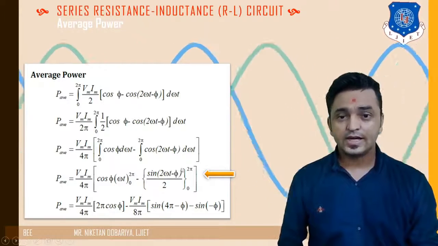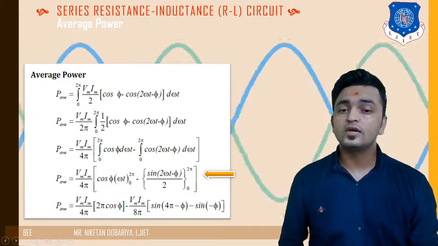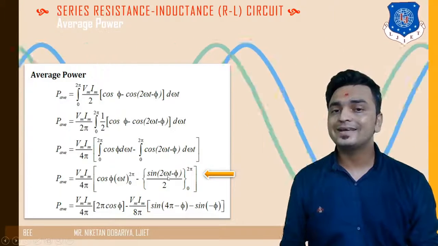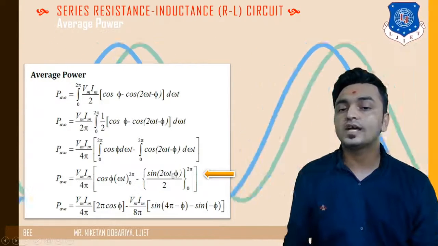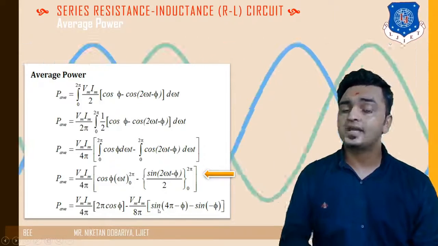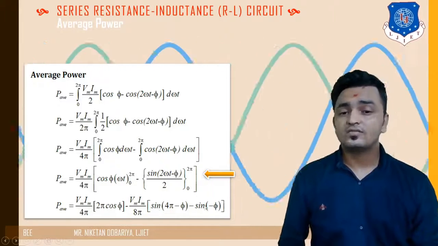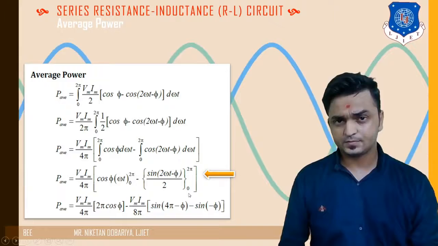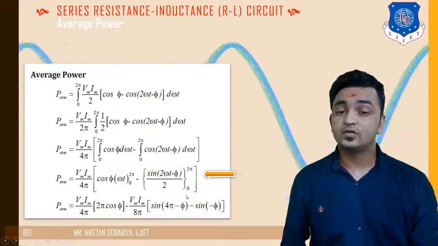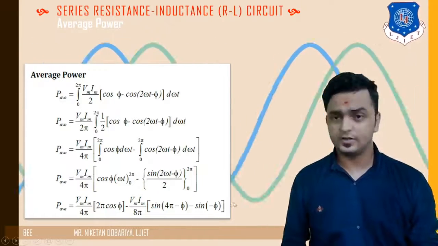Putting in the limits, if we put 2 pi for omega t, that gives 4 pi. So the first term is sine(4 pi minus phi), and for the second, putting in the 0 value, it is sine(0 minus phi). This is the second term.